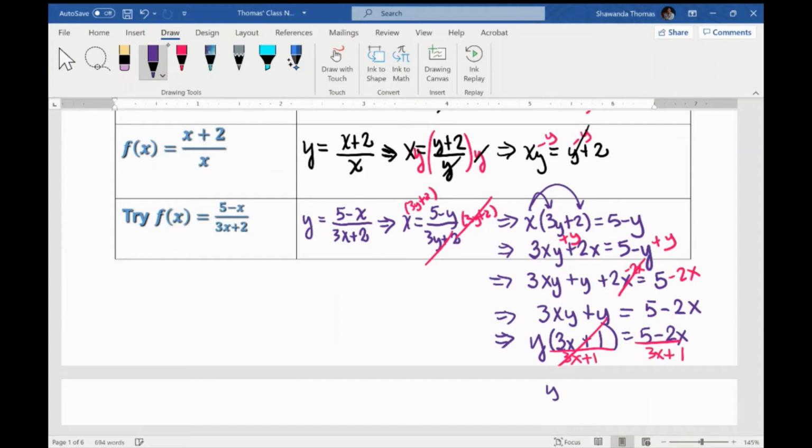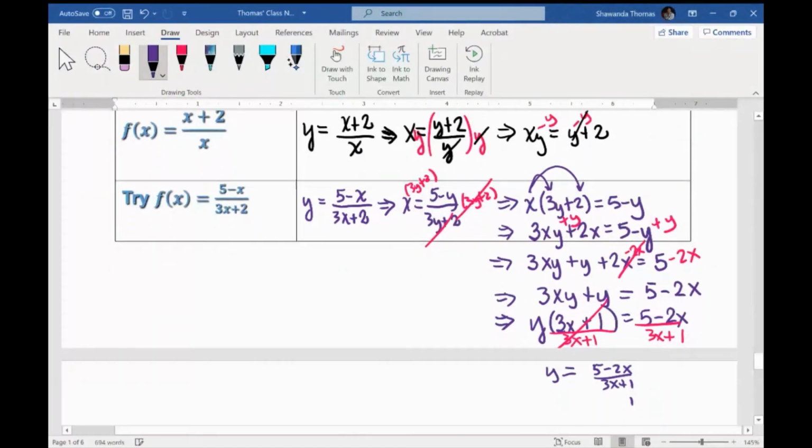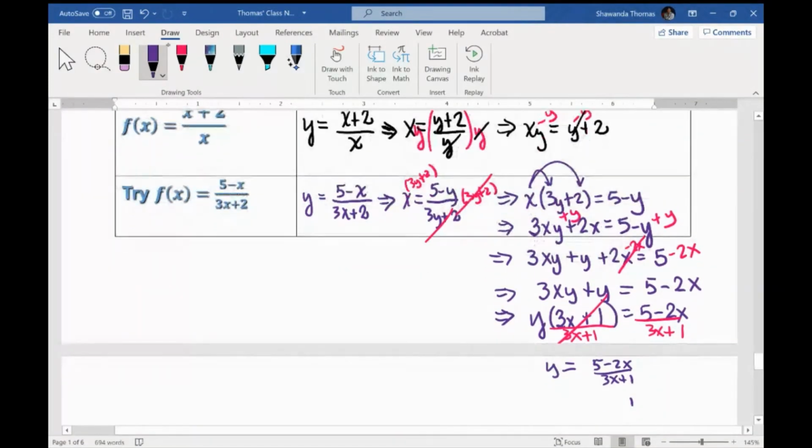So y equals 5 minus 2x over 3x plus 1, or negative 2x plus 5, that's the same thing. Then you change your y to the right notation for inverse function. Any questions? That's the last example like that.